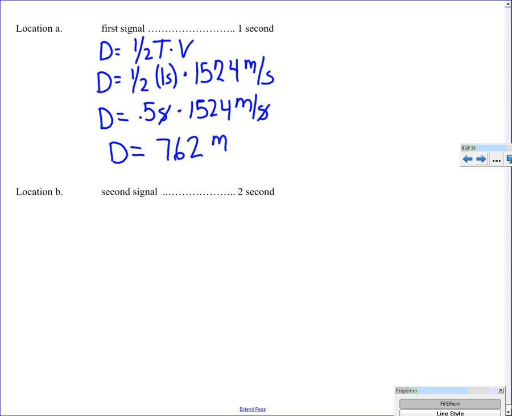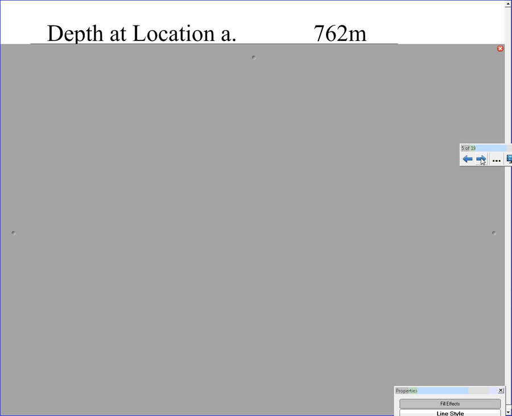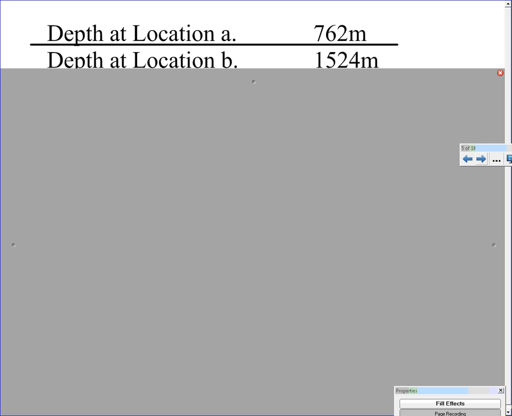All right, so you should be able to have your answer with the simple math. We've already figured out location A being 762 meters. Location B, what do you guys have? 1,524 meters. Location C?